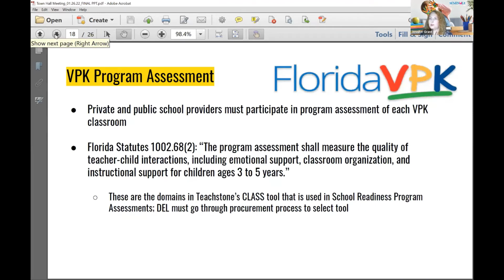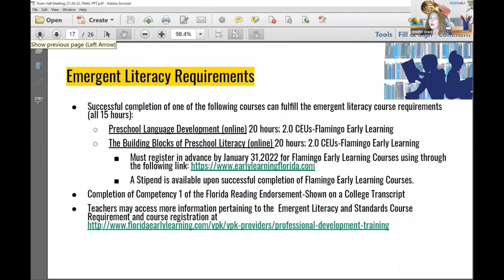Oh, now we're going into assessment. So I think in the flyer and the information, Lori, do you recall if directors have to do all of the new trainings as well? Yes, because the new rule states they have to be endorsed. They can't be exempt anymore. And part of getting that endorsement requires all 5 of those courses.